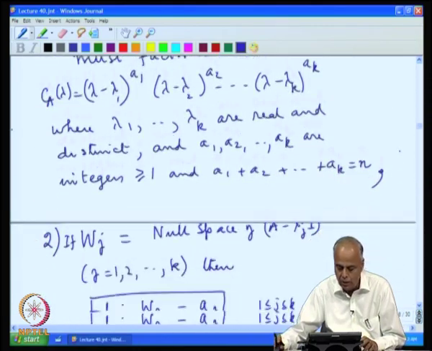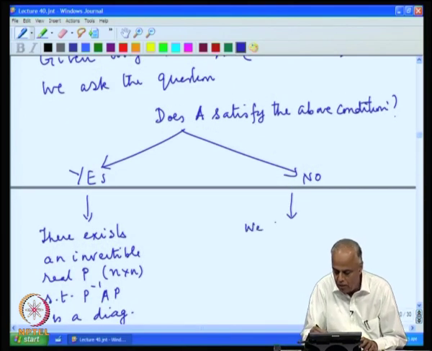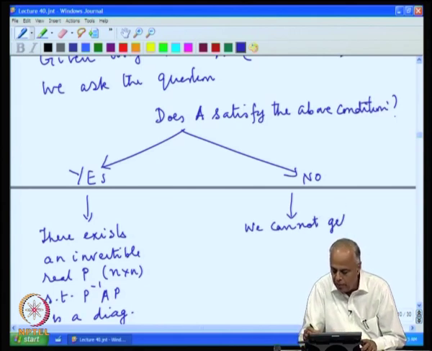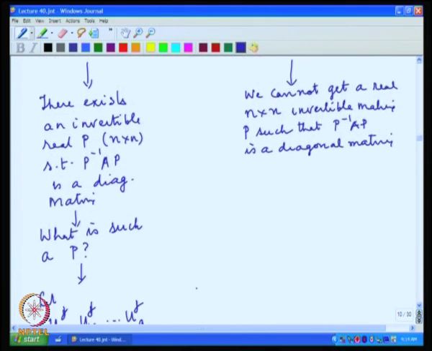So, the question is modified as follows. If the conditions are not satisfied, we cannot get a real n by n invertible matrix P such that P inverse A P is a diagonal matrix. So, what do we do?